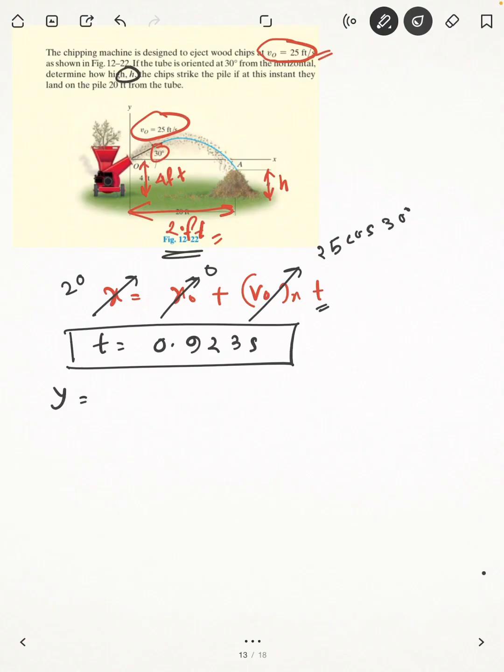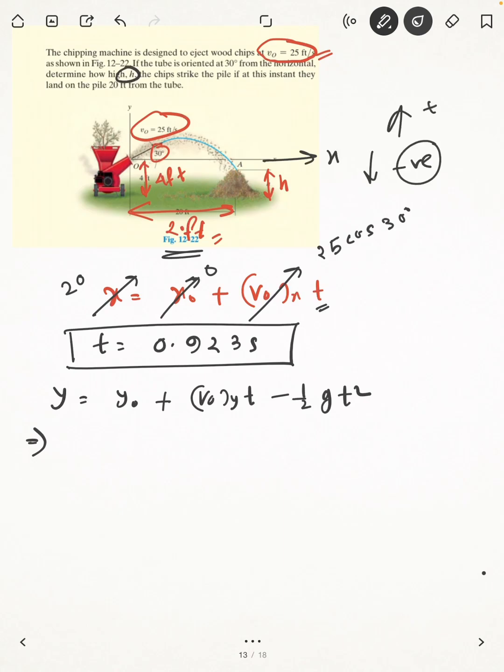Okay, so y is equal to y naught plus v naught y t minus half g t square, this equation. So y is what? The distance, and as I said, this is your x-axis. If anything is below the x-axis, that should be negative. If anything is above, that should be positive. So this h is above.